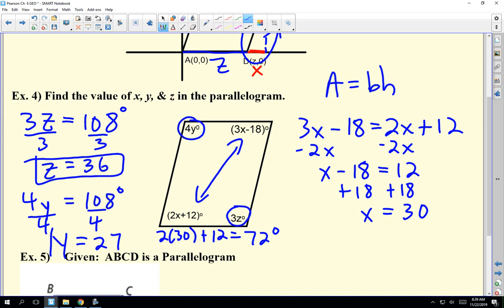So I've got 27, 36, and 30. So they have you use the theorems or the definition of a parallelogram to set up an equation and solve for a variable. And then they might ask you to go back in and plug the variable in to get the degree measure. Okay. But remember, as you go around, this is the first lesson, what do all these angles have to add up to? That might be helpful as well. 360.